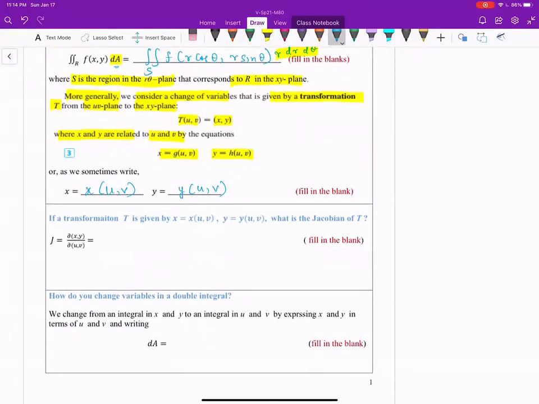If a transformation T is given by x equal to x of u, v, y equal to y of u, v, what is the Jacobian of T?